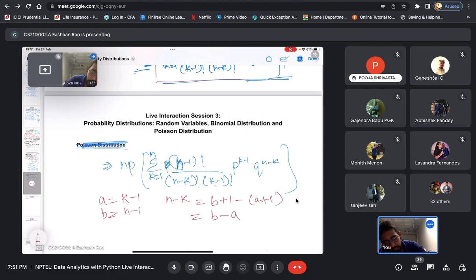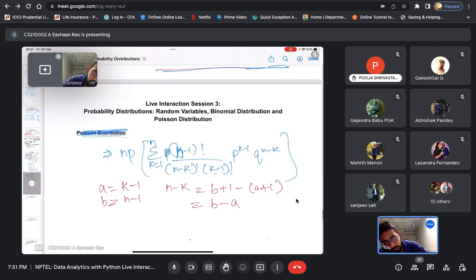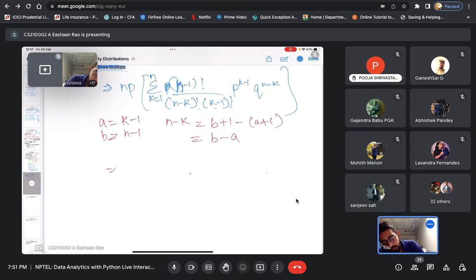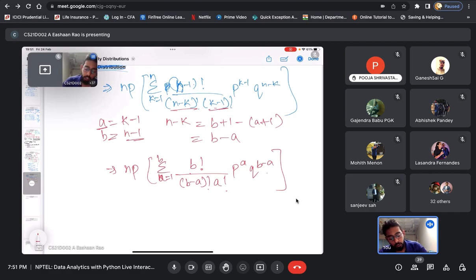So if I substitute this above, it will be np, summation a equal to 1 to b, and n minus 1 is b, so b factorial, n minus k is b minus a factorial, and k minus 1 is a factorial. p raised to k minus 1, that is p raised to a, and q raised to b minus a.